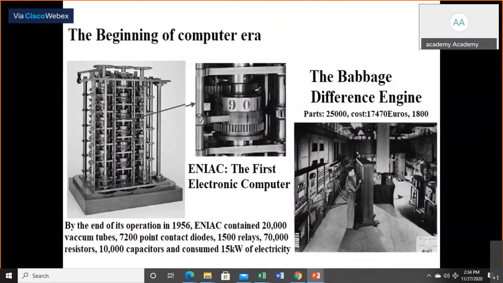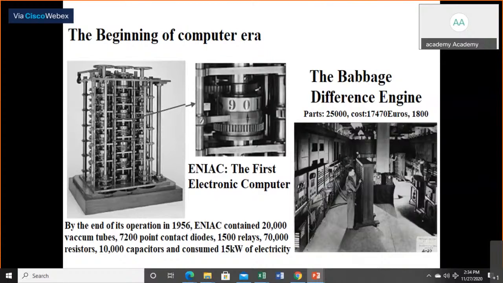I'll start with the beginning of the computer era. You can see some of the pictures here. The beginning of the computer era started with vacuum tubes. Vacuum tubes formed the first computer of this world, called ENIAC, the first electronic computer, based on vacuum tubes.